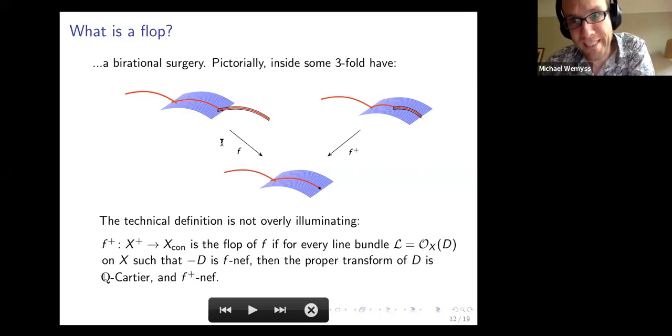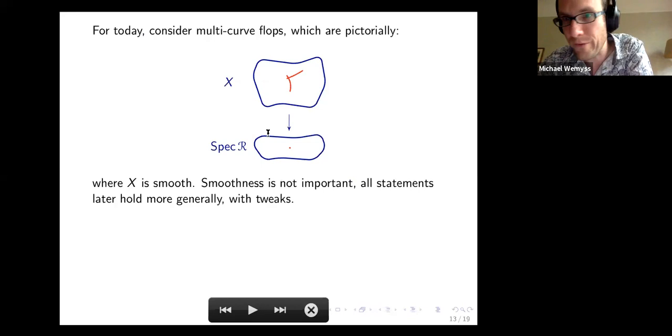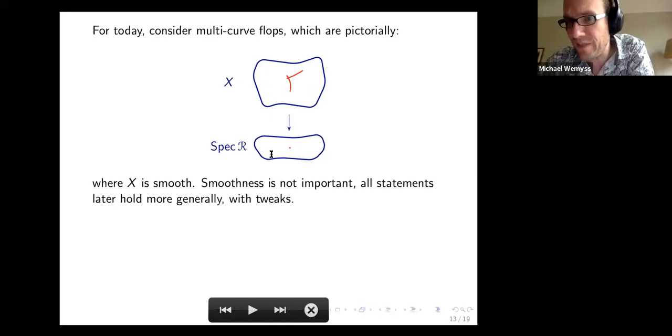So the setting of my talk today is multi-curve flops. Again, we're in cartoon pictures, so let me explain what this is. X is this picture here, which is a three-dimensional algebraic variety. It has two red curves in it, and those two red curves are contracted to a point. It's an isomorphism away from that, so nothing else changes.